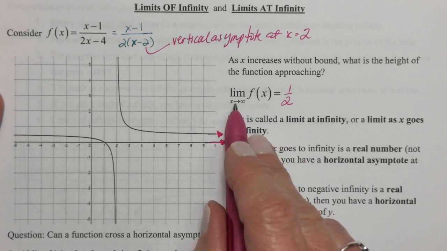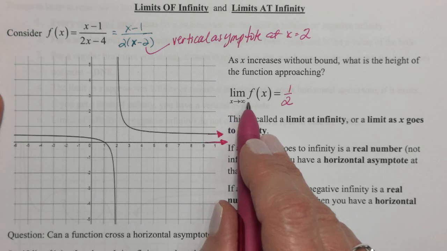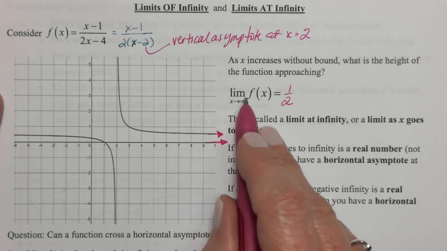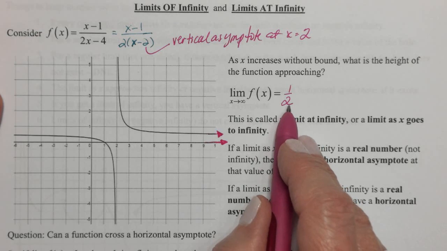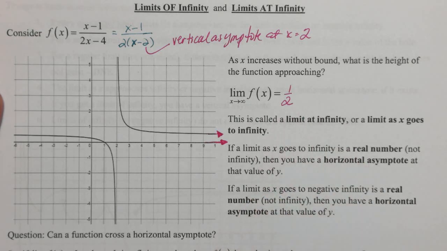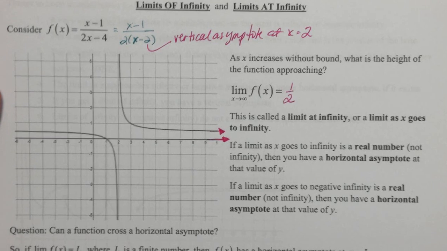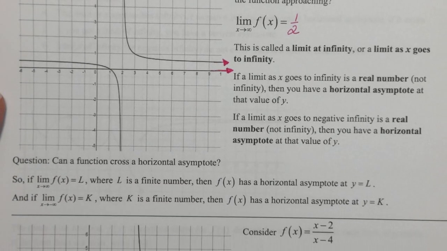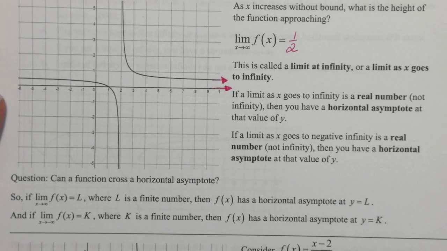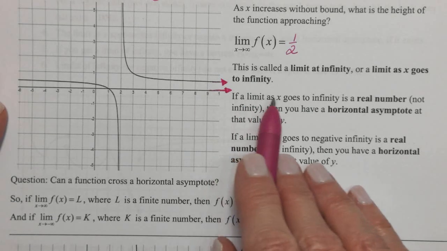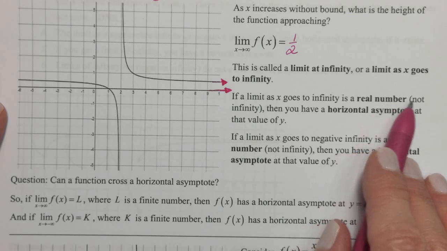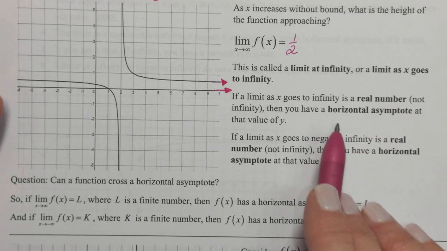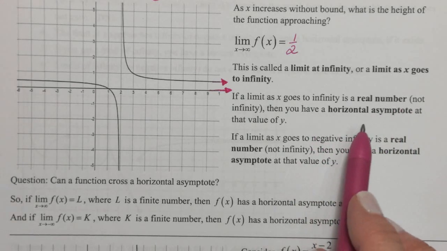This is called a limit at infinity. You don't have to know that though, but x is going to infinity. What is the y value approaching as x goes to infinity? So that's a horizontal asymptote. If the limit as x goes to infinity is a real number, not infinity, then you have a horizontal asymptote at that value of y.